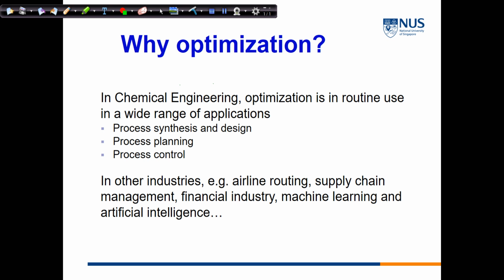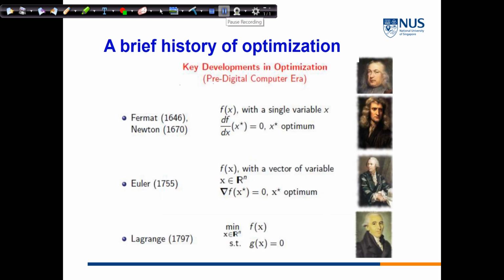Okay? So we want to give you a very brief history of this field of optimization. You can trace back to many famous figures, from Newton, Fermat, like how many years ago? Less than 400 years ago.